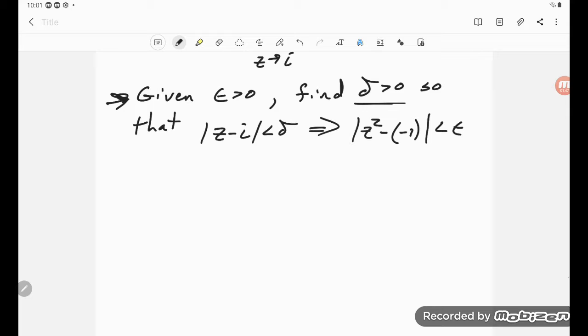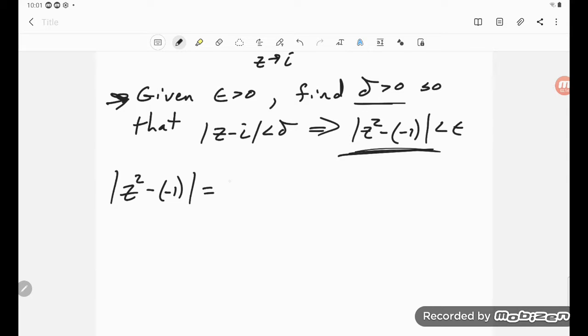Now, similar to the case of 2z, a lot of these do just start with the left-hand side of that epsilon inequality. So I have z squared, and I can write this as +1 or leave it as the -1 if I want.